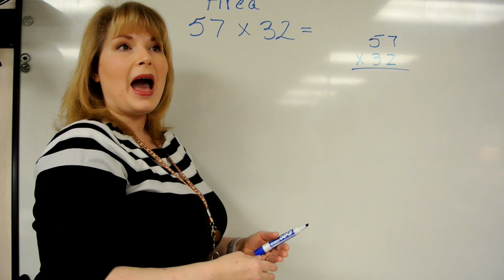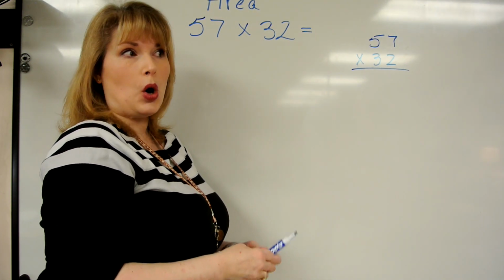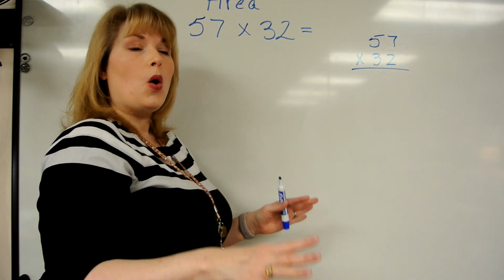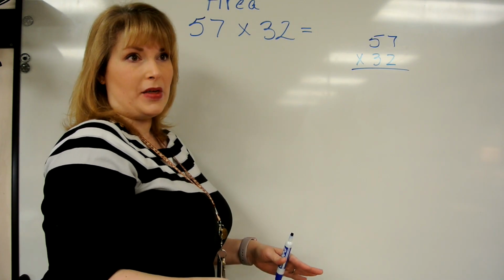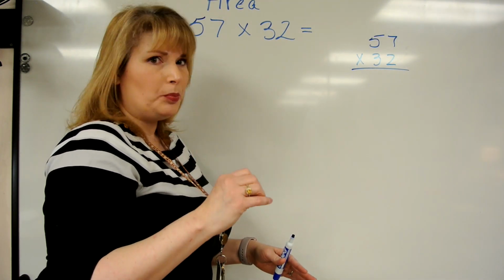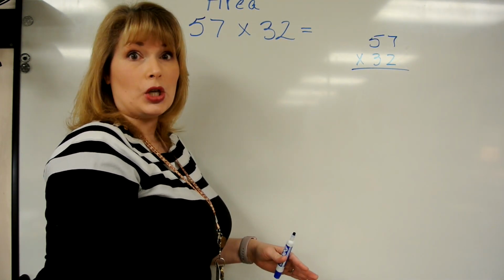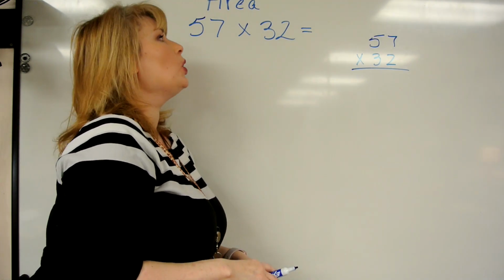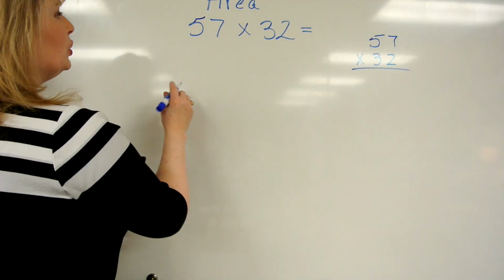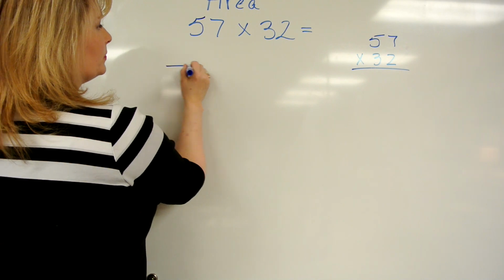But with the new math, we really want the children to know why the answers are the way they are. We don't want to tell them, put a placeholding 0 because I said so. That's a rule. So with area method, you would literally do something like this.